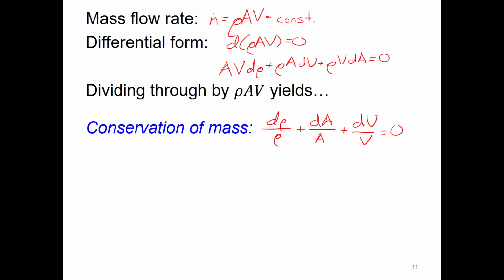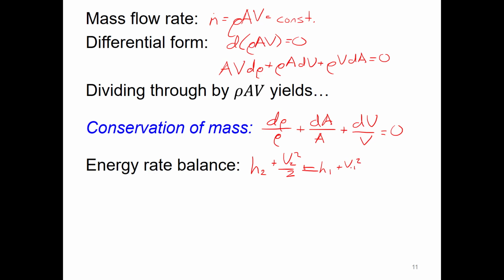Now let's look at the energy balance. If we take the energy rate balance, which we did in a previous presentation, that was H2 plus V2 squared over 2 equals H1 plus V1 squared over 2.